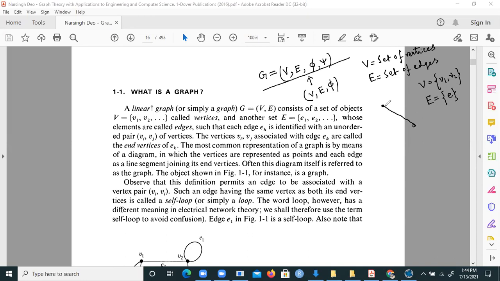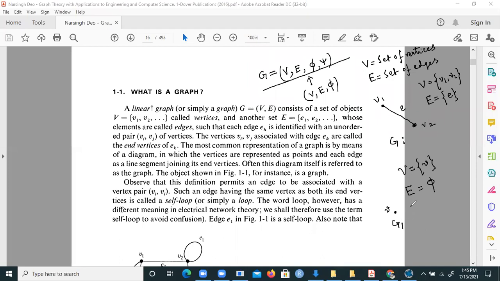Then it implies that these two vertices V1 and V2 are connected by the edge E. This structure that I have drawn is called a graph, which we can denote by capital G. Or you can take the vertex set capital V to contain only one point, small v, and the edge set to be the null set. In that case you again get a graph which contains only the point v and no edge. You can name this graph G1.